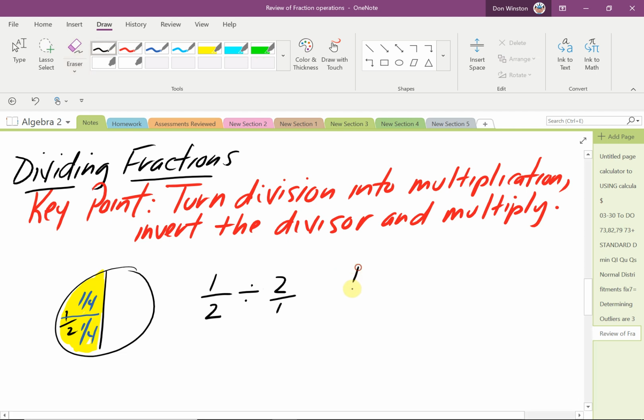So I'll have 1/2. Invert means to take the reciprocal or just flip it over. So 2 over 1 flipped over is 1 over 2. Or the reciprocal of 2 over 1 is 1 over 2. Okay, so 1/2 times 1/2 is equal to 1/4. And that's what I got in the example here. When I took 1/2 of the pizza and then I divided it by 2, I got 1/4.